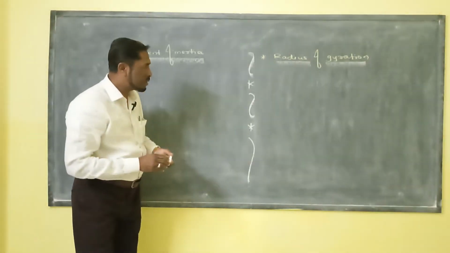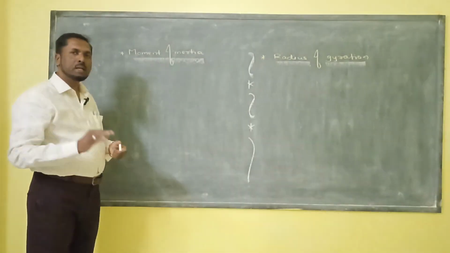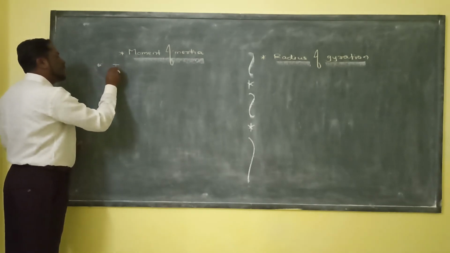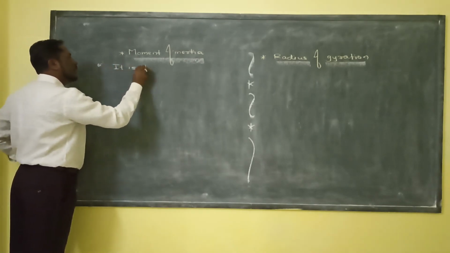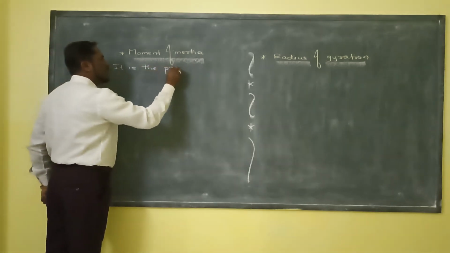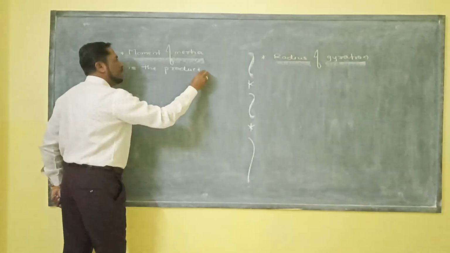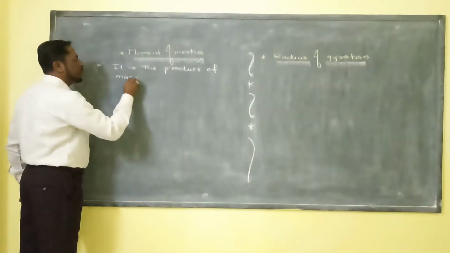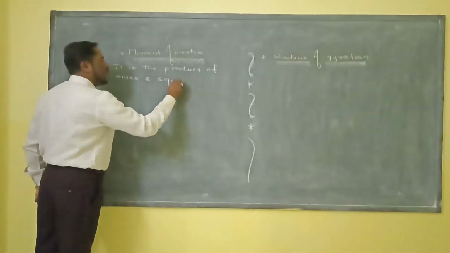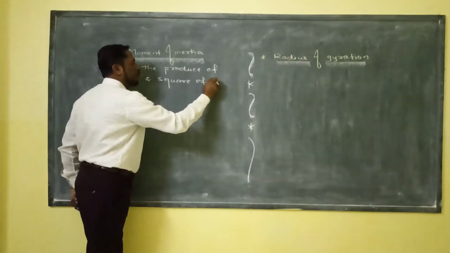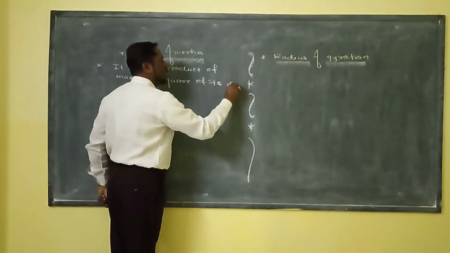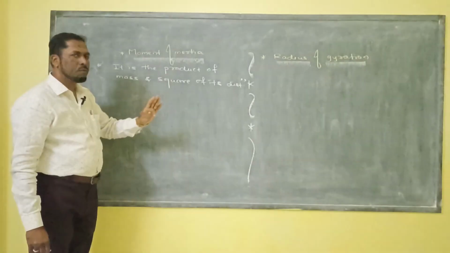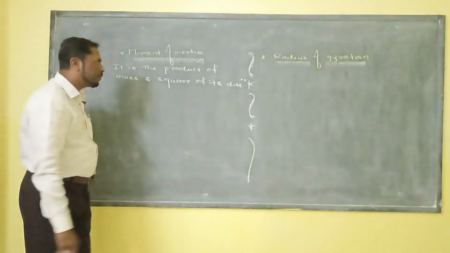So let us consider the first one: what is moment of inertia? Moment of inertia is the product of mass and square of its distance.